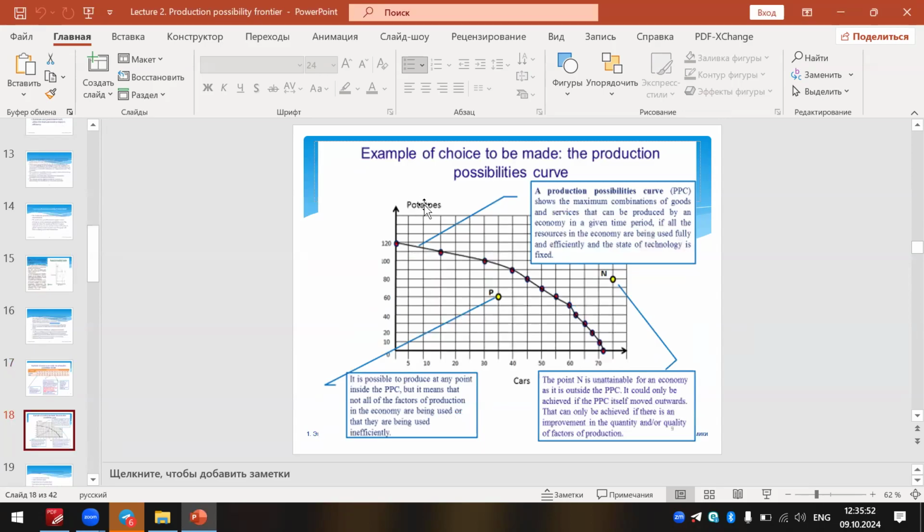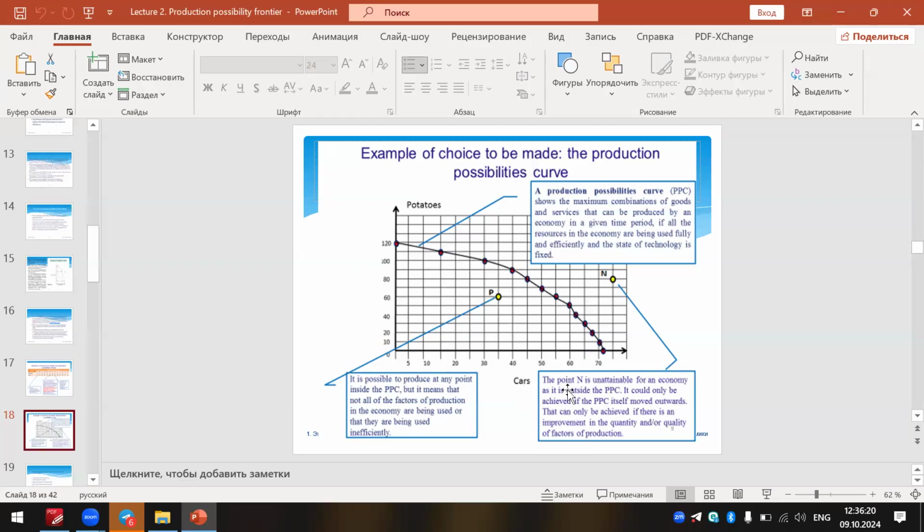So the example of choice to be made, the production possibility curve, да? So if it's possible to produce anything at the point inside of PPC, that means not all the factors of production in the economy are being used, and they are used inefficiently. То есть мы не смогли вот здесь пристроиться на этой кривой, значит, мы неэффективно использовали наши ресурсы.